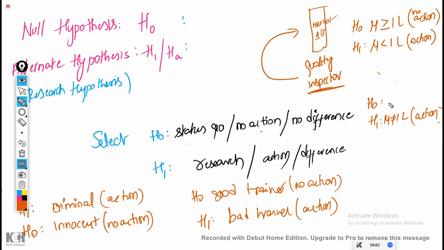So for him, it should be exactly 1 liter. Then only no action. If you observe the above and the below, it is the same example: same 1 liter, same Kinley. But one time the quality inspector is checking, and another time the company owner is checking. Who is doing the analysis is also important.